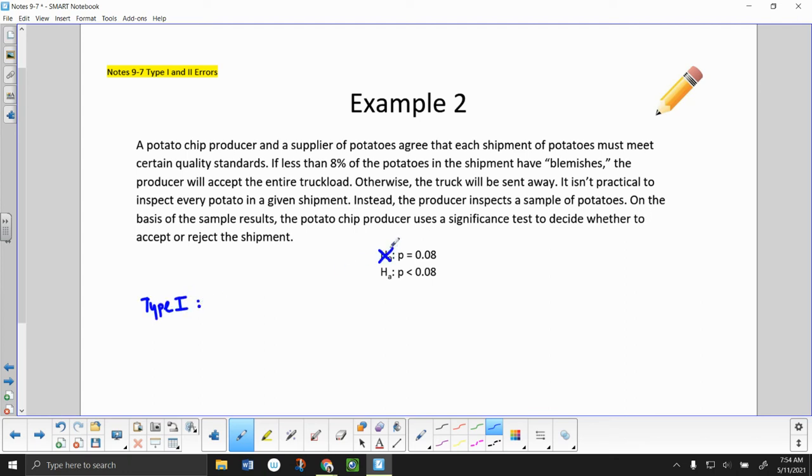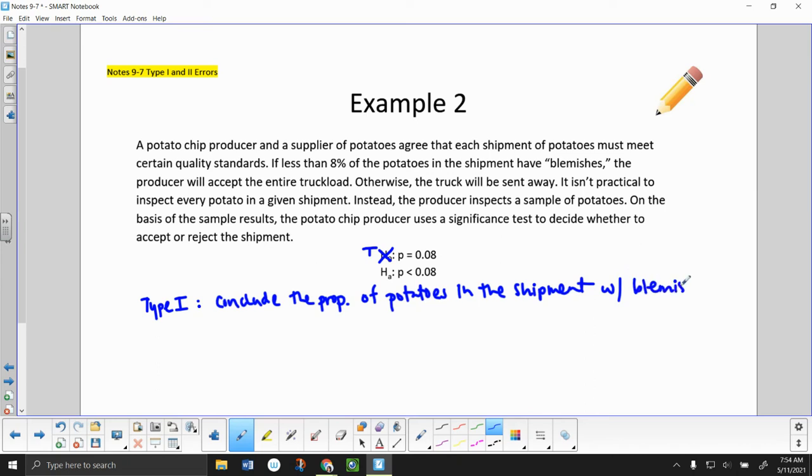we reject the null when the null is true. So when we reject the null, we conclude the alternative. So we conclude the proportion of potatoes in the shipment with blemishes is less than 8% when it's either equal to or greater than, or we can say when it's not.